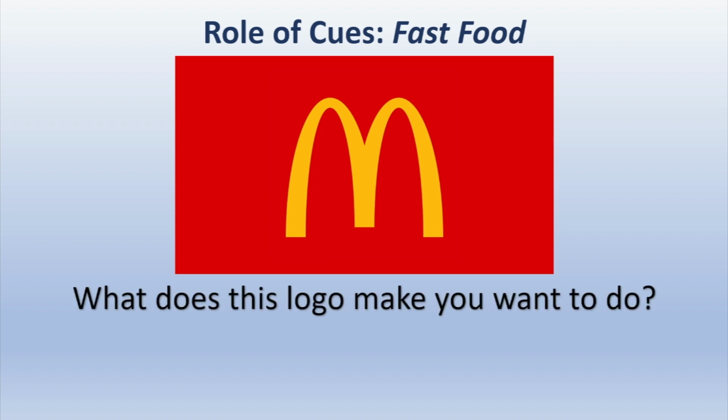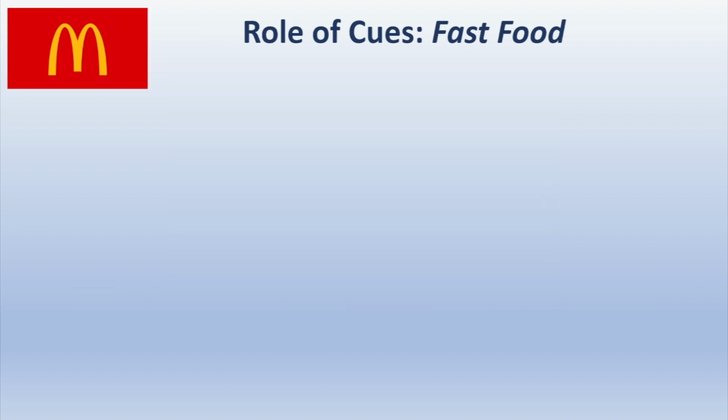Okay, so thinking about some of those things that I just showed you, you might have thought about different things as the different logos or images were popping up, and that's what a cue is. So you might have thought about, when you see McDonald's, the chips or the burgers or all the nice food that you want to eat.